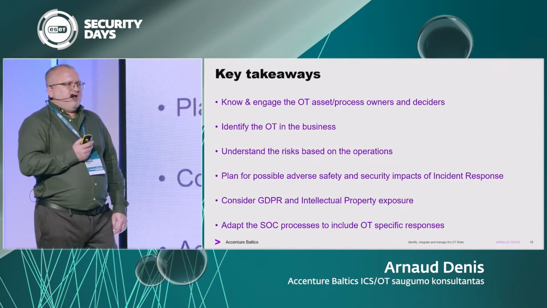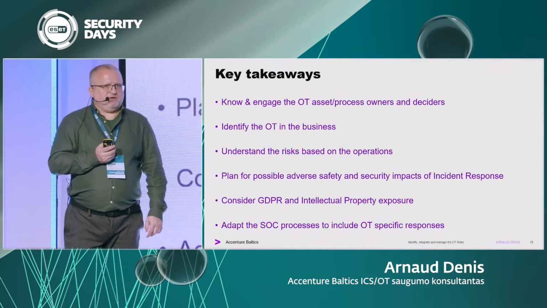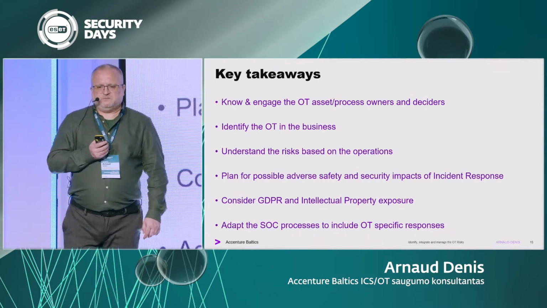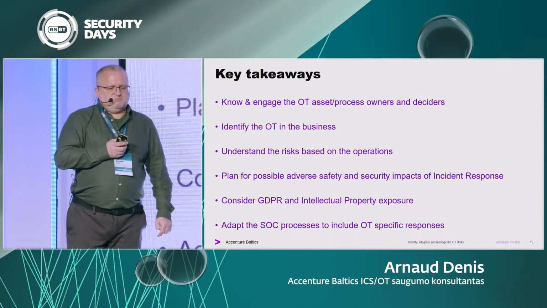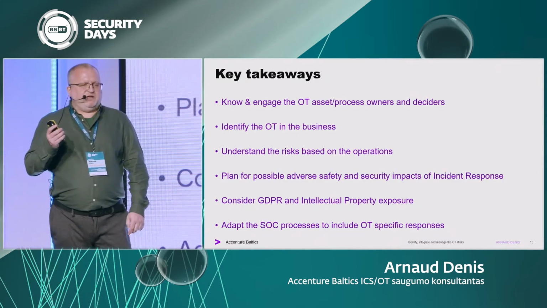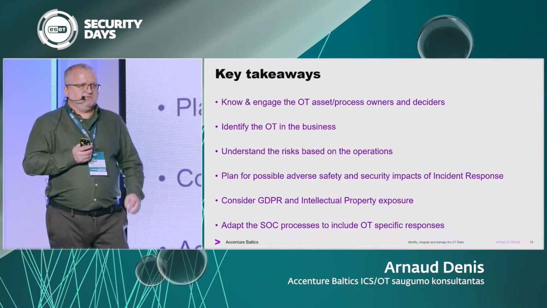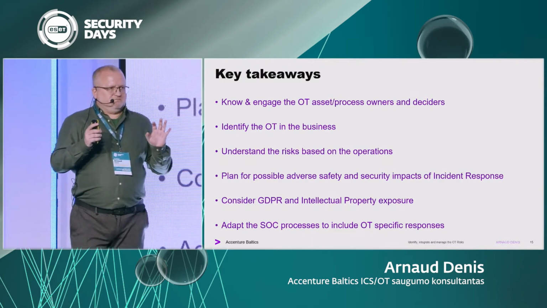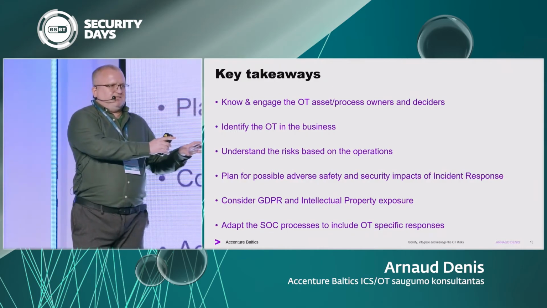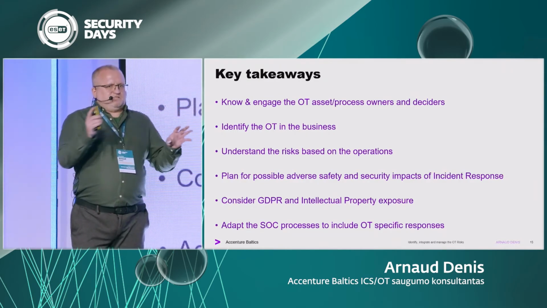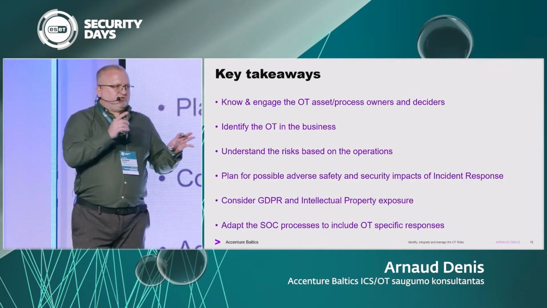What are the risks you have? How do you qualify your risks? And how you want to handle them. And then you can plan for your possible adverse safety and security impact of incident response. So when you're doing your plan, you really need to talk to them and say, okay, well, if I do that, if I isolate that system, what is breaking? Is it breaking in a dangerous way or not?